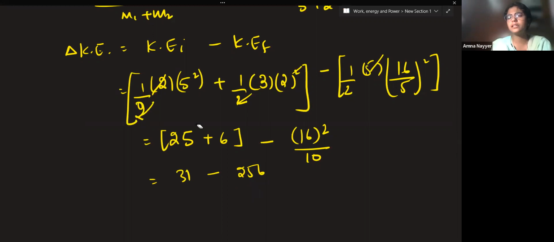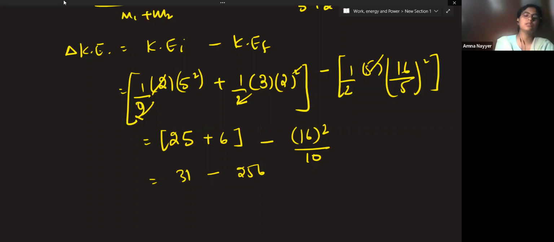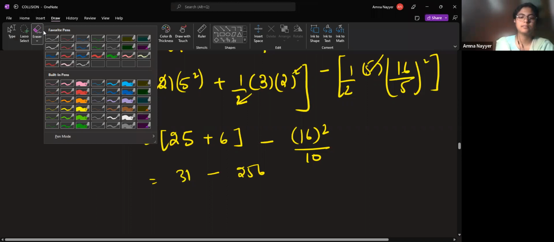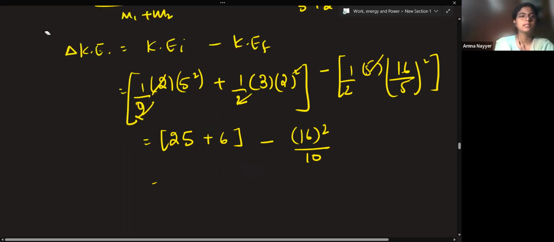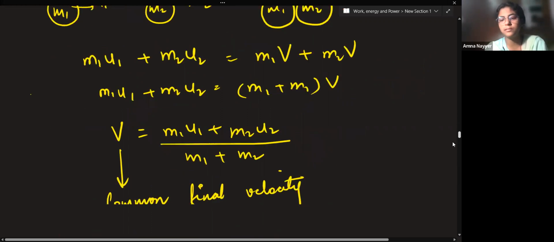The total mass was 2 plus 3, and this final velocity is 16 by 5 whole square, so that makes 5 whole square as well as 16 whole square.